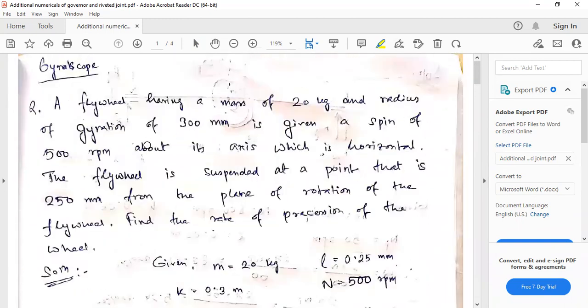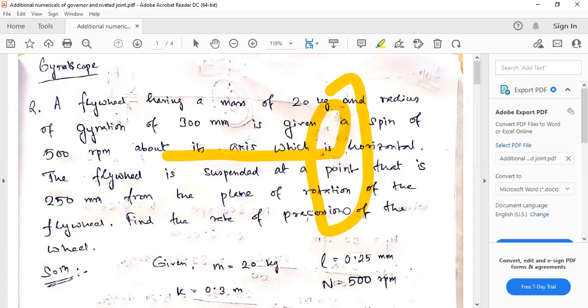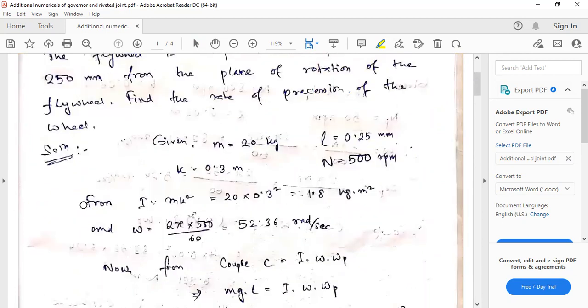L is the distance of the flywheel rotation plane from the point of suspension. That means this is the flywheel rotation plane, flywheel is here, and this is the point of suspension. From here to the flywheel, there is a distance, that is 250 mm. So small L is 250 mm or 0.25. Sorry, this is not mm, this is meter.